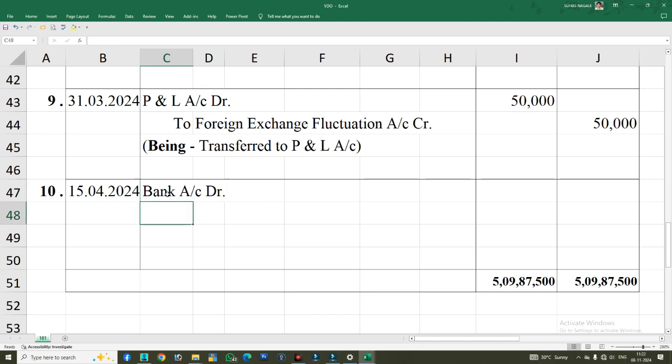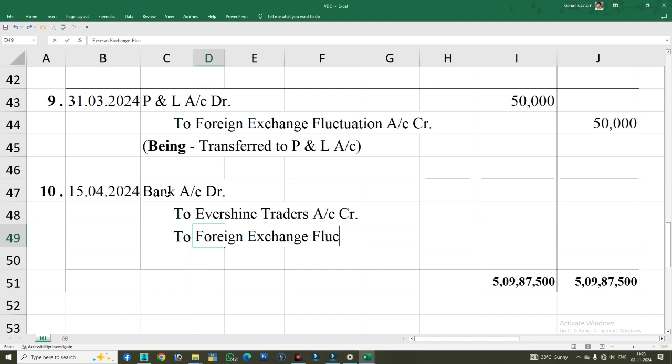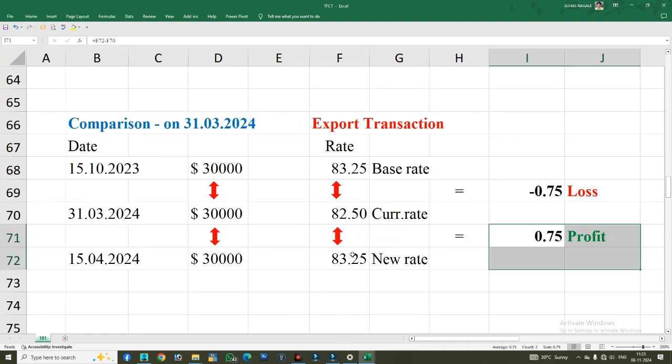So we have to record next to party Evershine Traders account credit, to foreign exchange fluctuation account credit, into bracket $30,000 into the rate, which is 83.25.